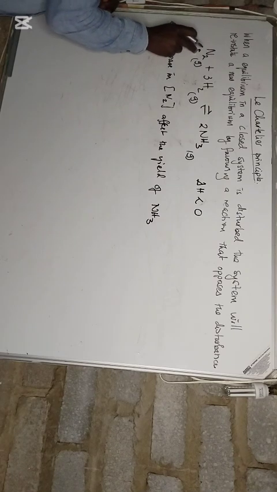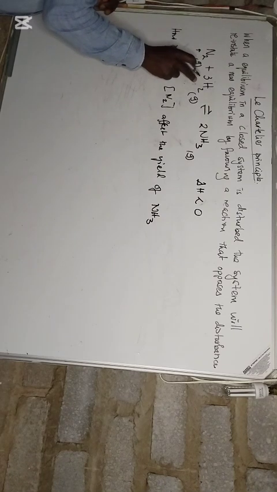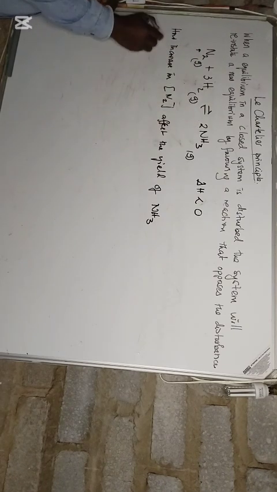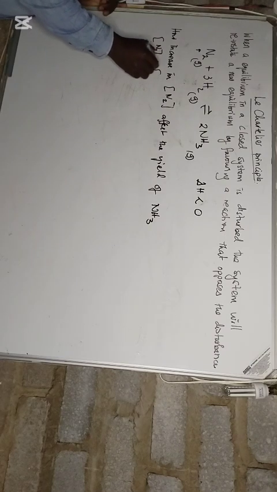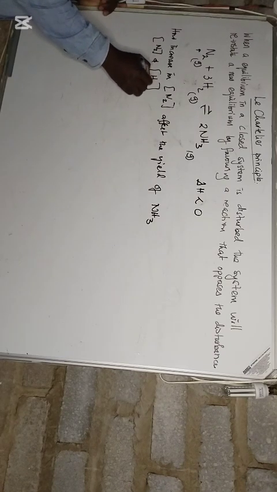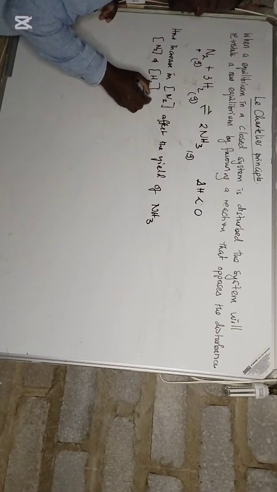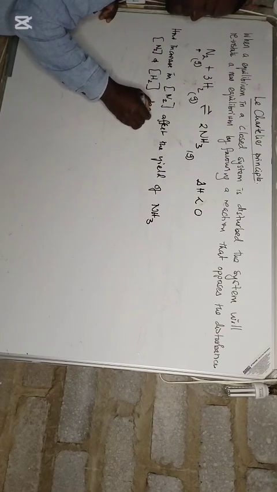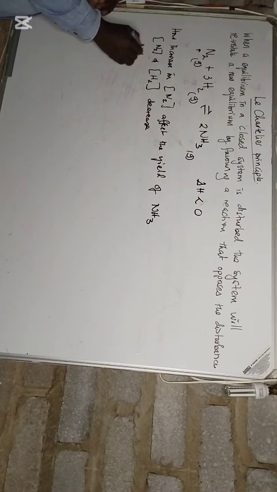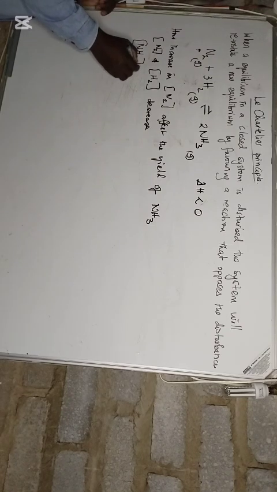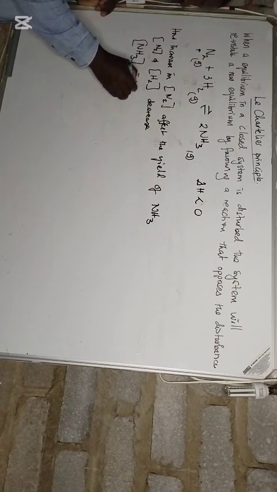It's going to use the nitrogen by reacting it with hydrogen to form ammonia. So the concentration of nitrogen and the concentration of hydrogen, we expect they are going to decrease, while the concentration of ammonia is going to increase.